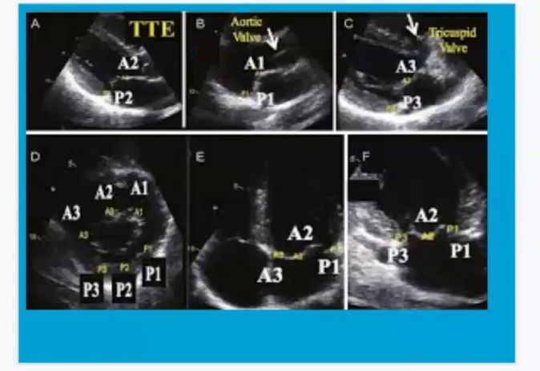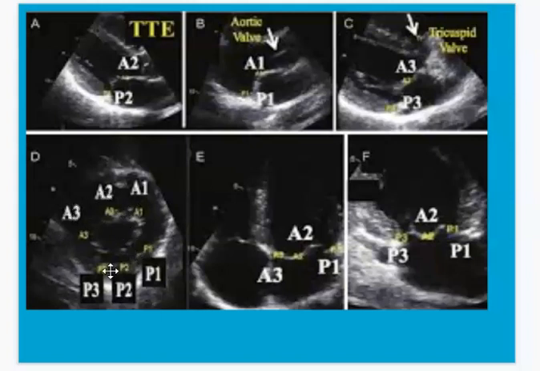Then you can scan, tilt down a little bit or up a little bit. Tilt up a little bit, you'll see A1, P1 come into the picture, and you can still see the aortic valve there. And if you angle down a little bit towards your right ventricular inflow, you'll see A3, P3. And when you go into the short axis view, A1, A2, A3, P1, 2, 3.